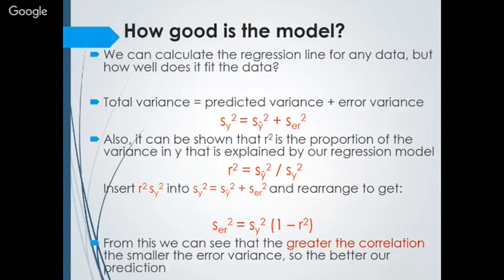If we insert r square into the above formula, we get the error variance: the error variance is equal to the total variance times 1 minus r square. From this, we can see that the greater the correlation, the smaller the error variance.